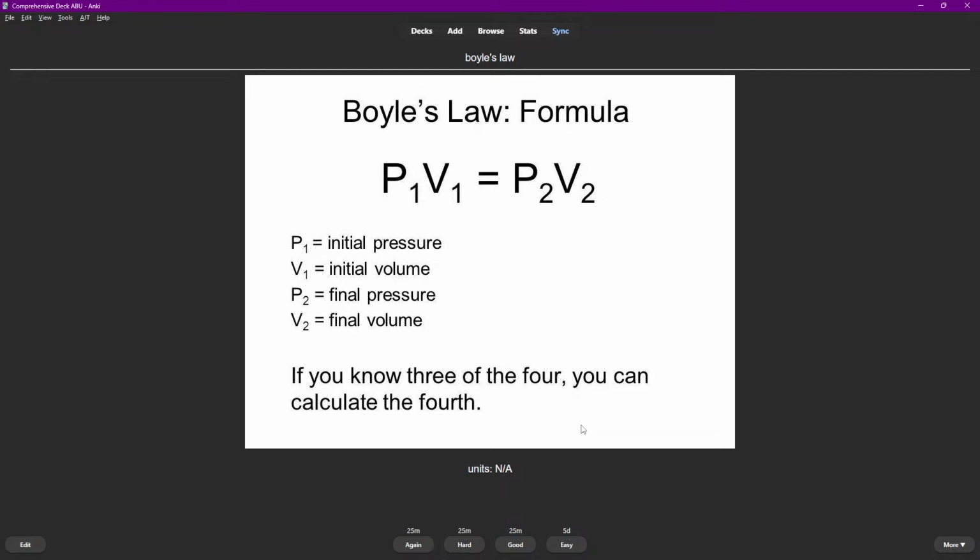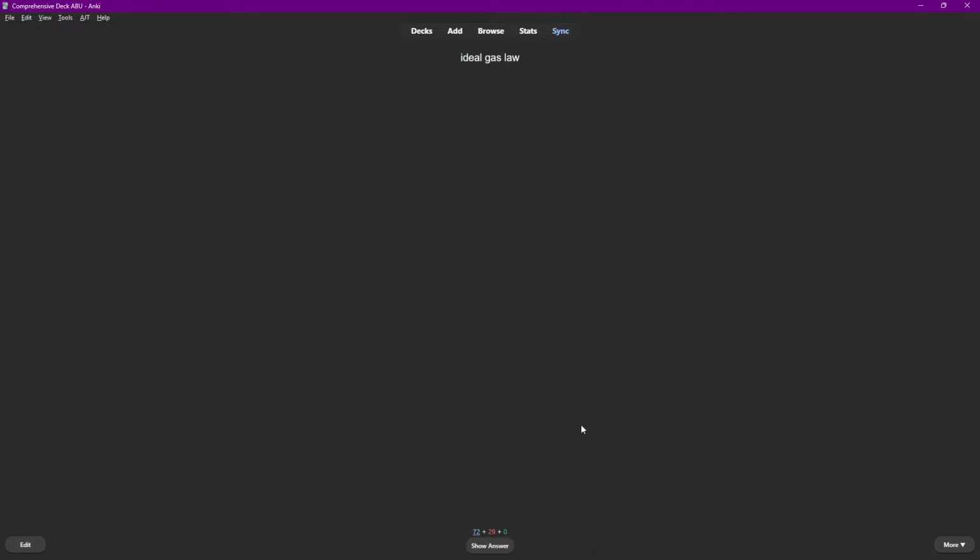Boyle's law: P1 V1 equals P2 V2. So think Boyle's law is similar to M1 V1 equals M2 V2, like a dilution law. Ideal gas, the PV equals nRT.